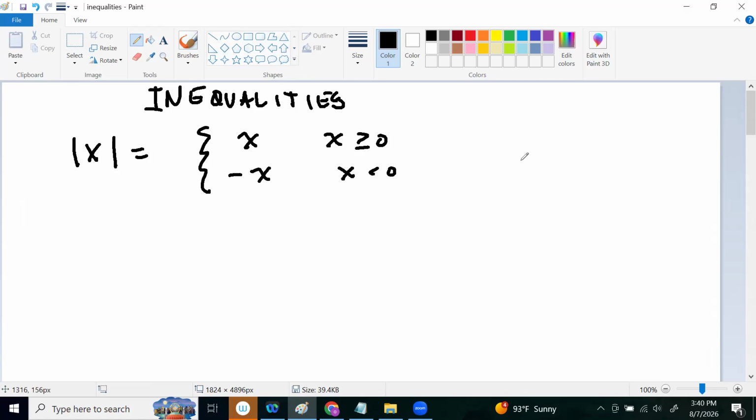For example, if you had the absolute value of minus 3, we see that minus 3 is in fact less than 0, so we're going to be using this formula here. So it's going to be the opposite of negative 3, which is positive 3.